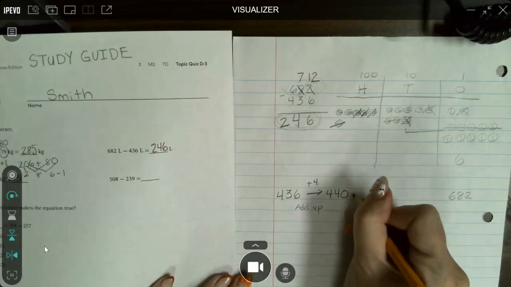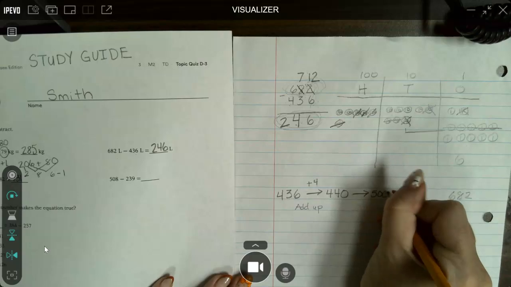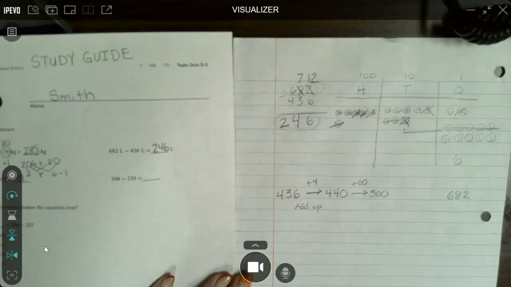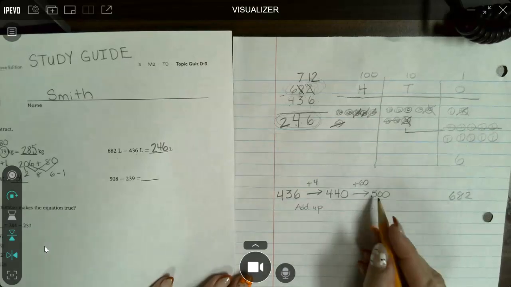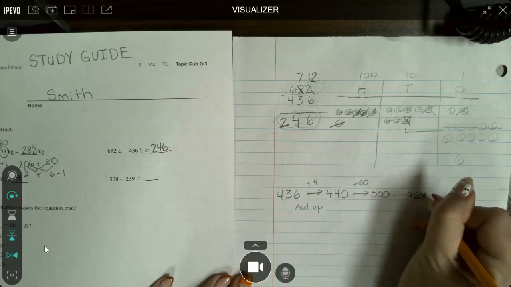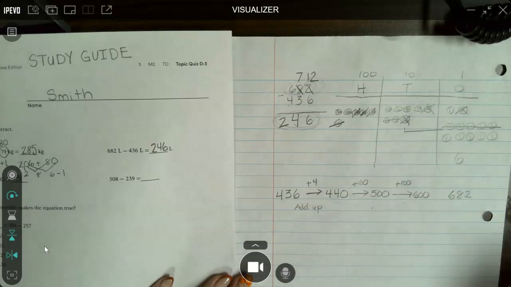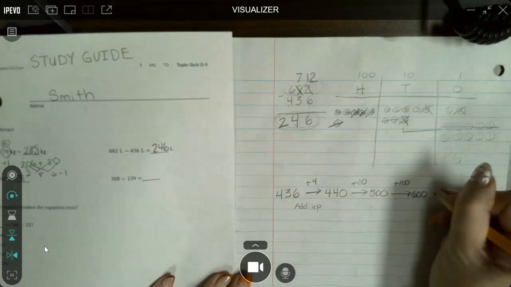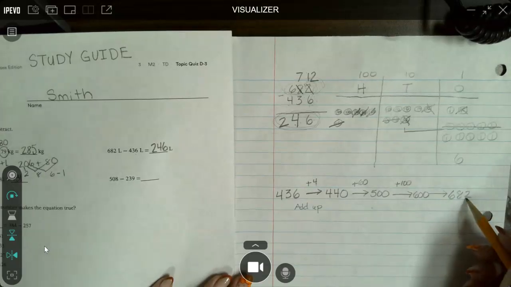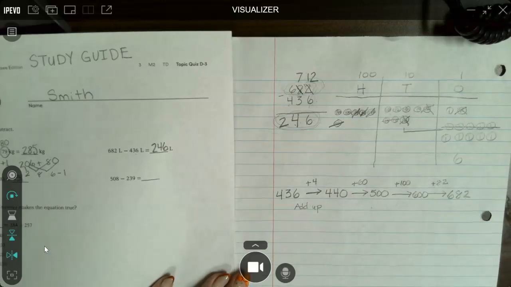If I'm at 440 and I want to get to an even 500, I would need to add 60 more. If I'm at 500 and I wanted to get to an even 600, I would need to add 100 more. And if I'm at 600 and I wanted to get to 682, I would have to add 82 more.